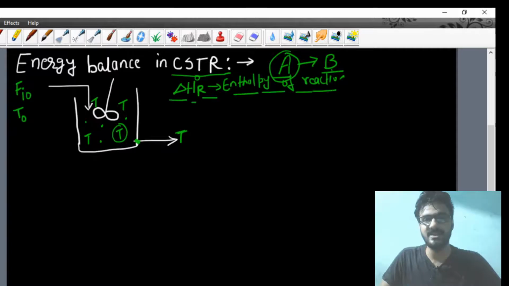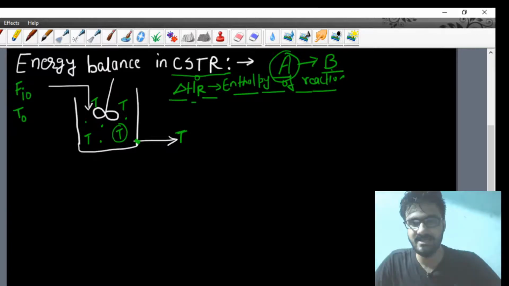If reactant A is getting converted into B, then there must be an enthalpy change. Enthalpy means energy, so there must be an energy change. The energy of A will be different from the energy of B. Either the energy of A will be greater, or the energy of B will be greater. That depends on the reaction.